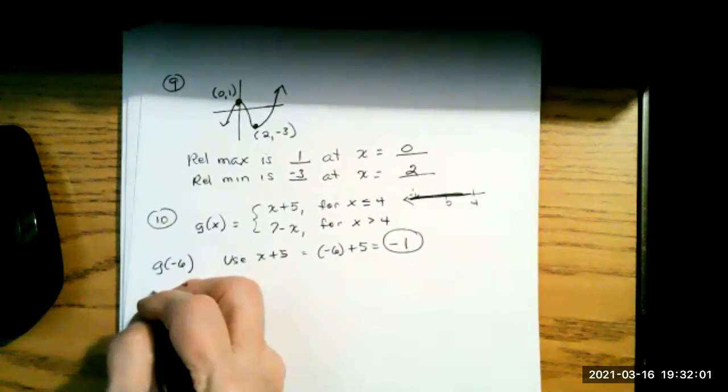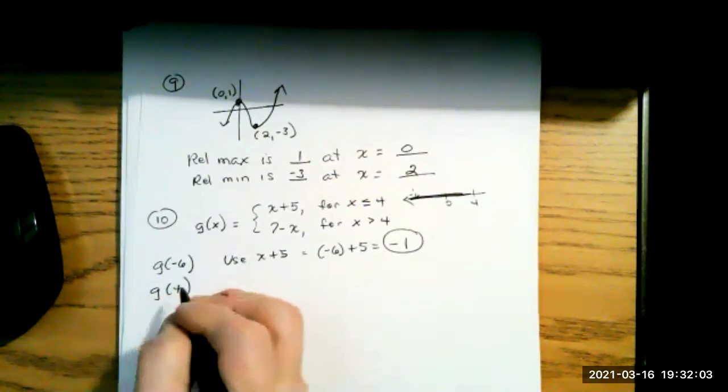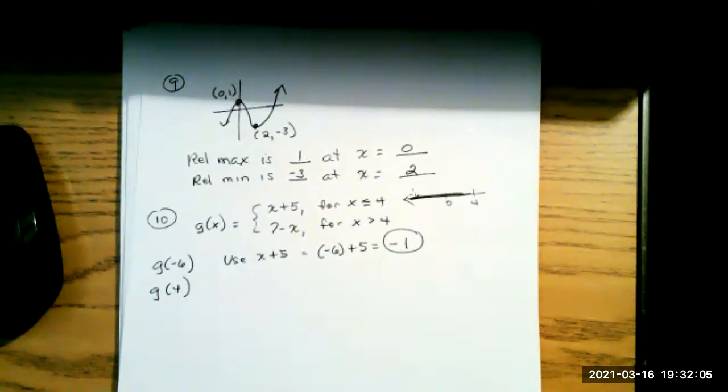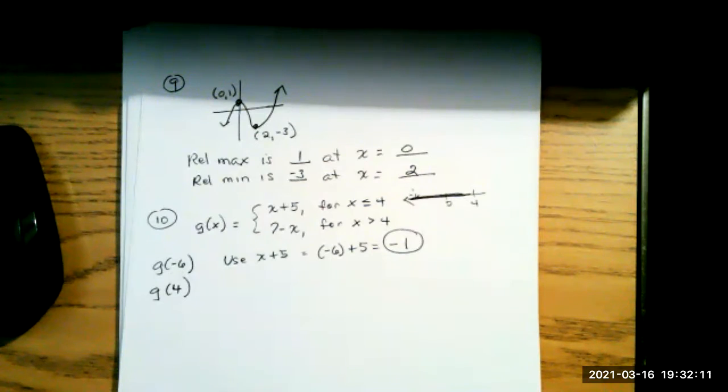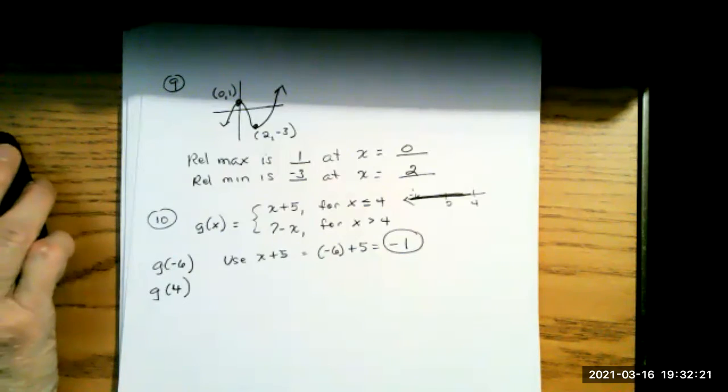Let's try another one. Let's do g of 4. G of 4, Corey, what would you do? Are you there, Corey? How about Kiana?